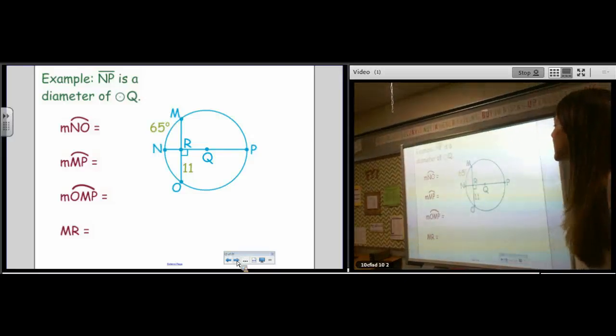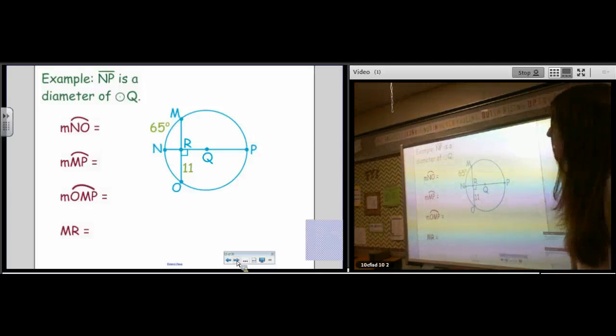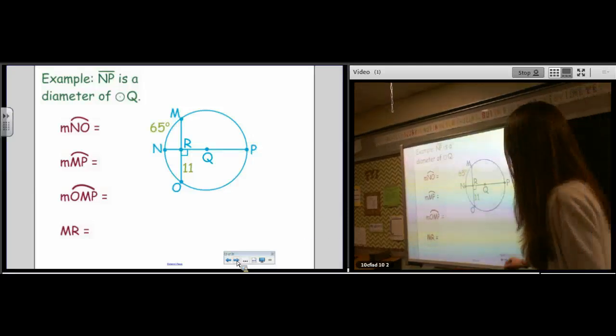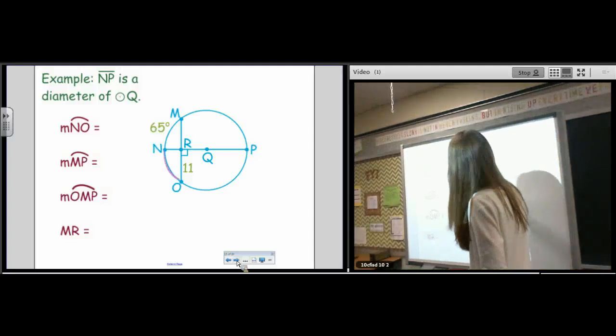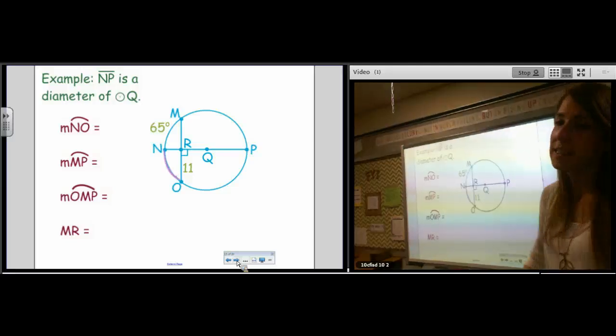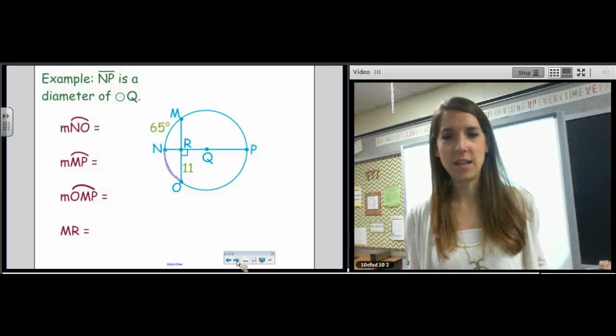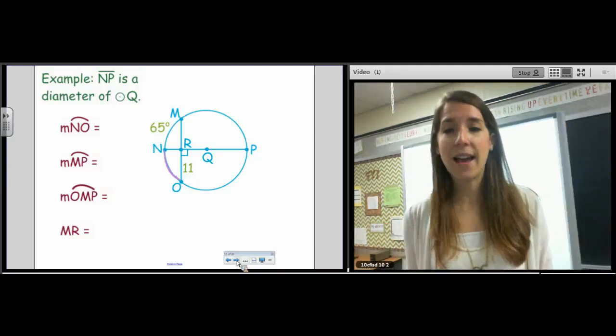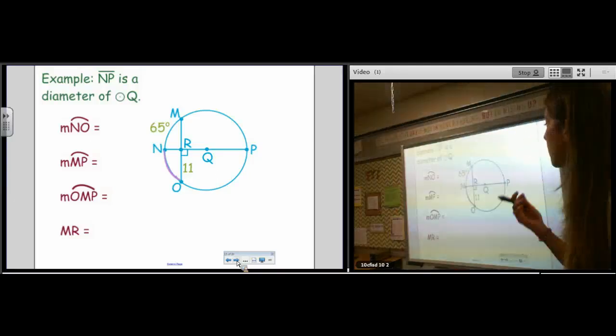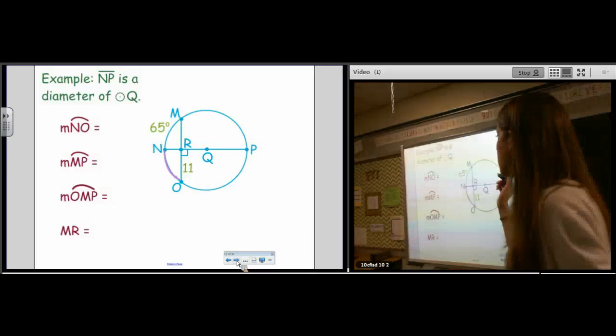All right, NP is a diameter because it goes to the center. Measure of arc NO. Now, it's easy to just say, oh, that arc is 65. Duh. But make sure that you're backing it up with a theorem.